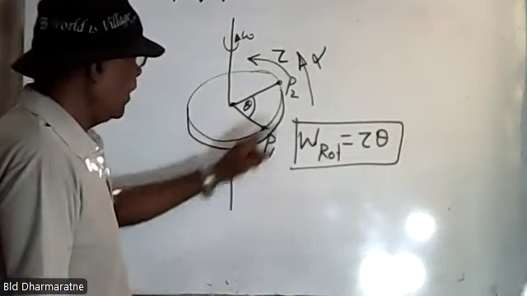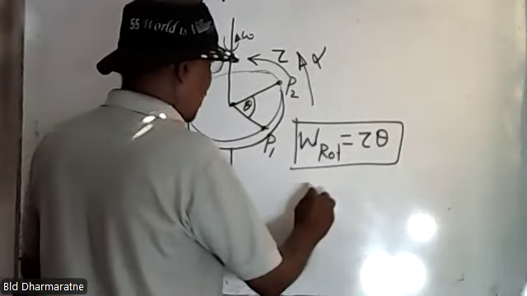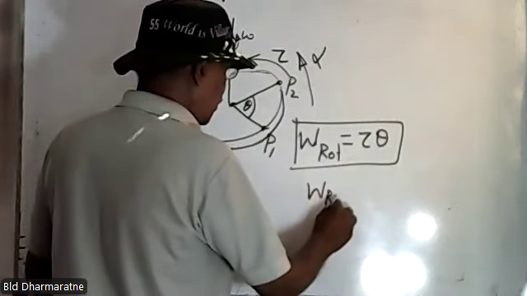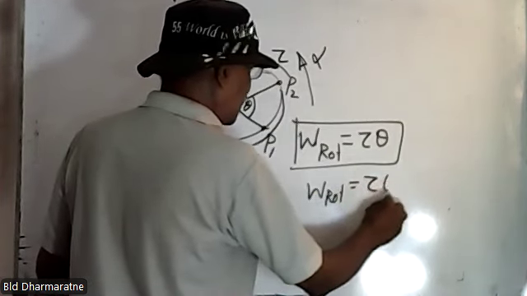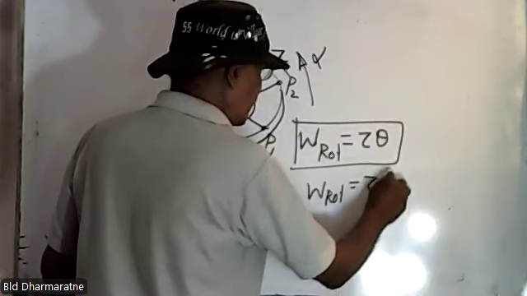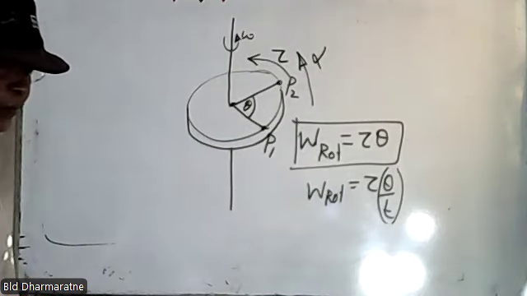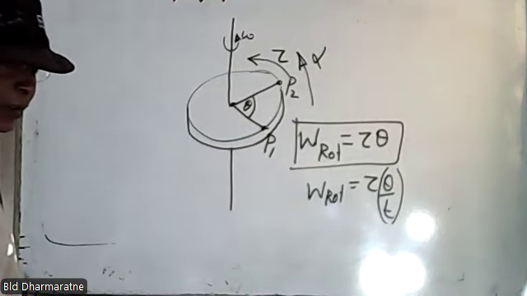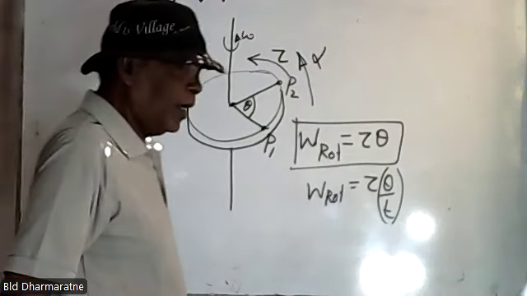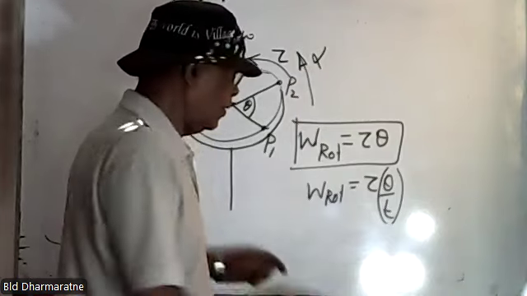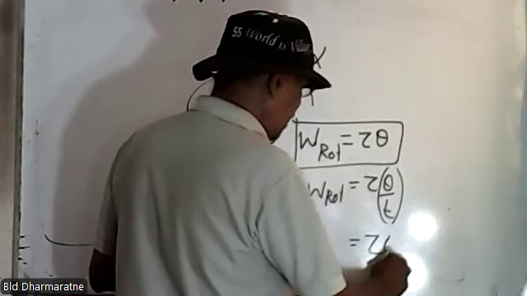This work done divided by the time taken t: W rotate over t equals tau theta over t. What is theta over t? It is the rate of change of angular displacement, which is omega, the angular velocity. So it equals tau into omega.